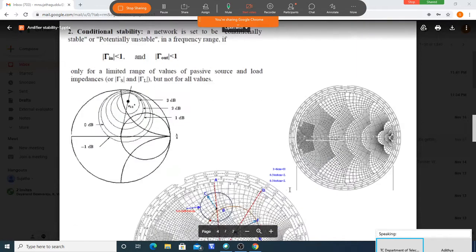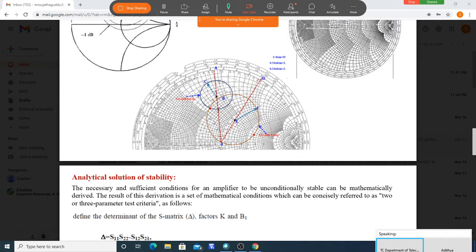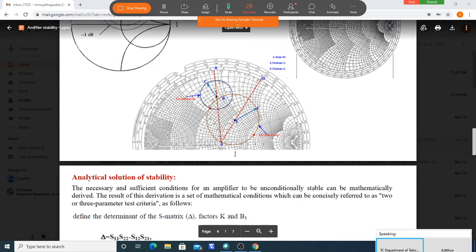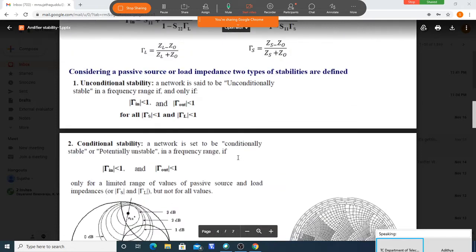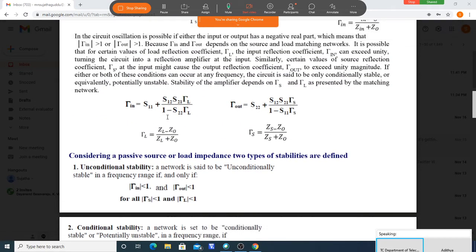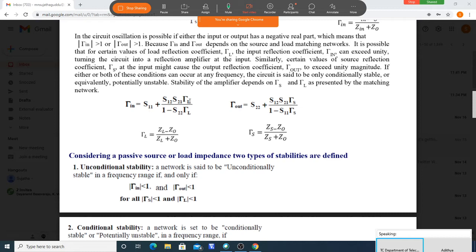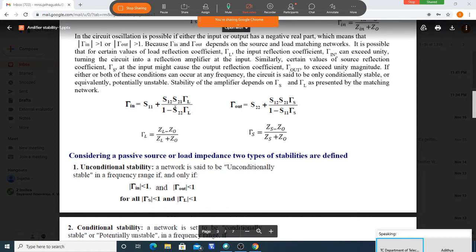That's why here we cannot take any value of ZS over this circle. Similarly, we cannot take any value of ZL over this. You should see which values give a Γin less than 1. You choose a value of ZL such that it gives Γin less than 1.